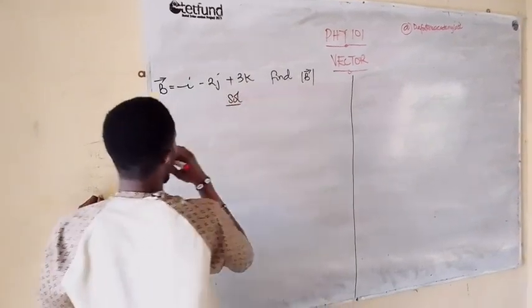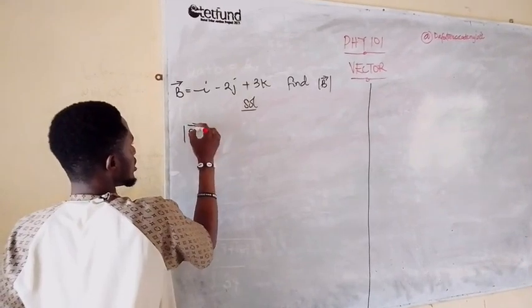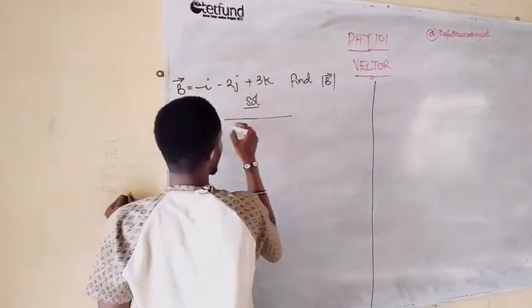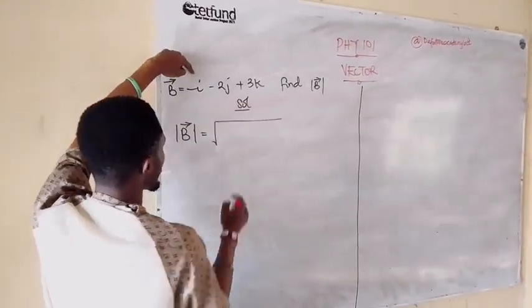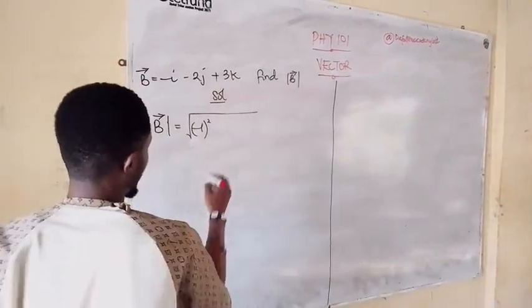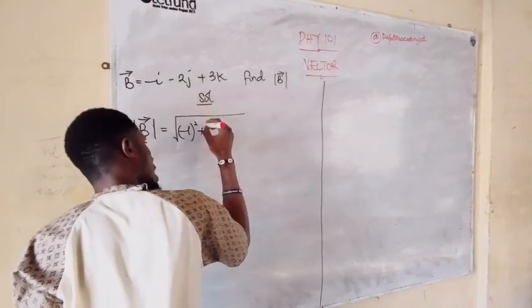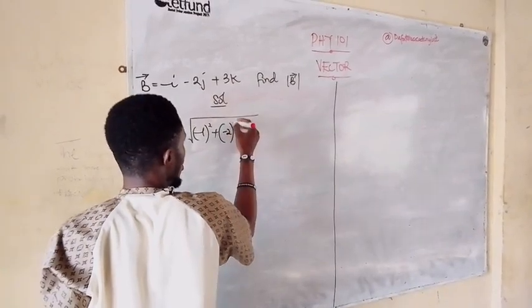Solution: I have that the modulus of b should be equal to root of what? The coefficient of i here is what? Minus 1, all square. Plus bracket, the coefficient of j is minus 2, all square.